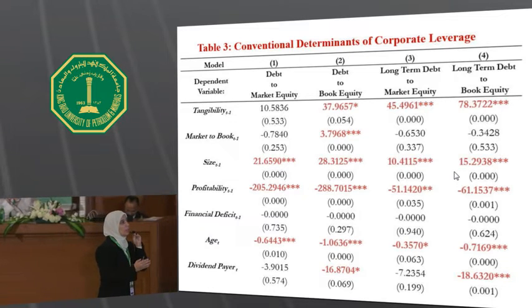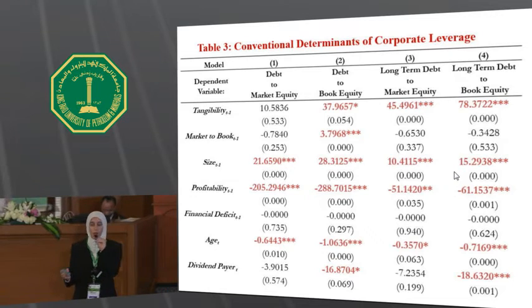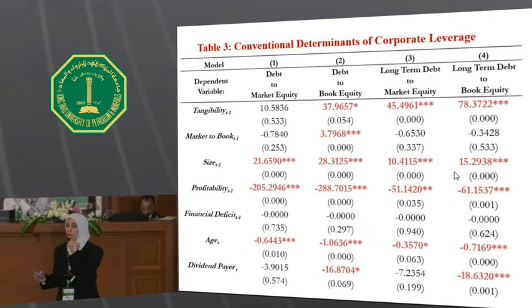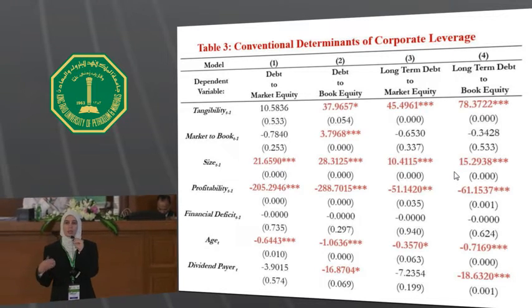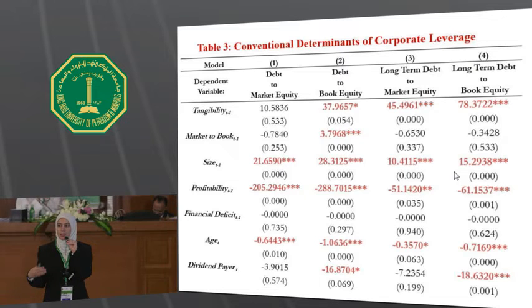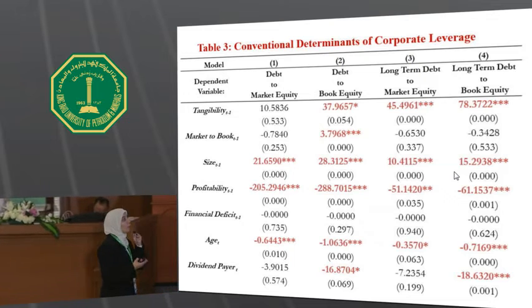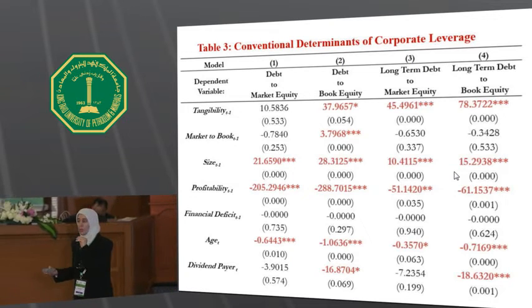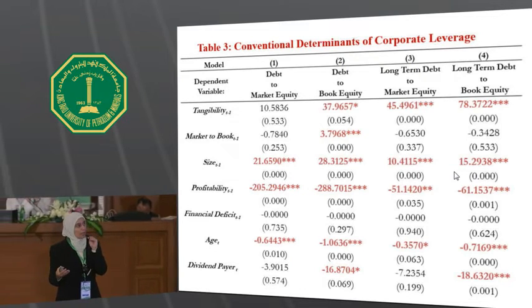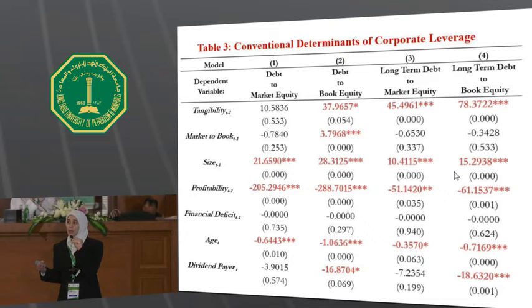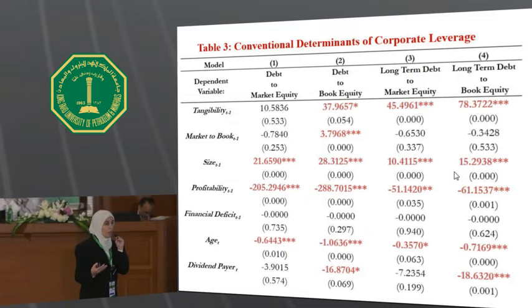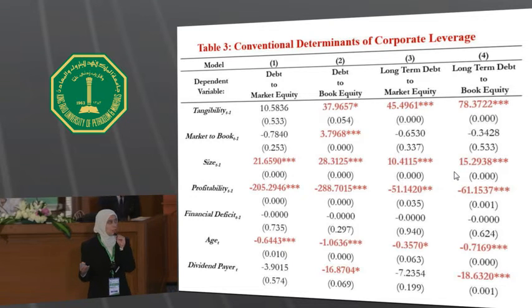And as you can see, we have the positive significant coefficient for tangibility, which we expect because whenever you have more fixed assets, that is going to support the debt as collateral. For the market-to-book ratio, which is the Tobin's Q ratio, I don't have that strong results here, but in current literature, there has been a debate on what market-to-book actually measures or proxies for.